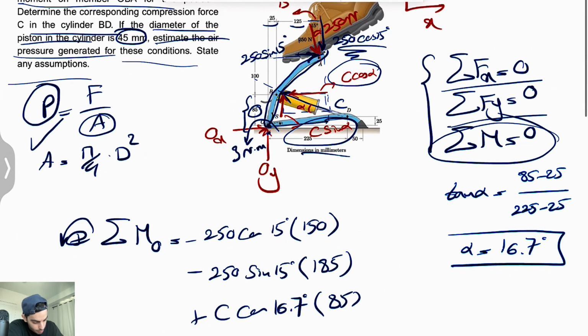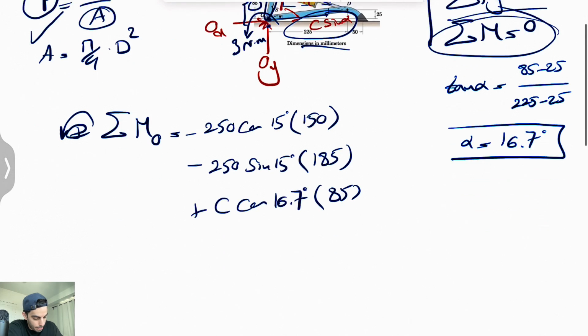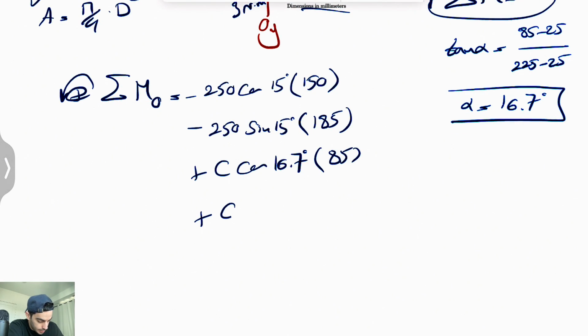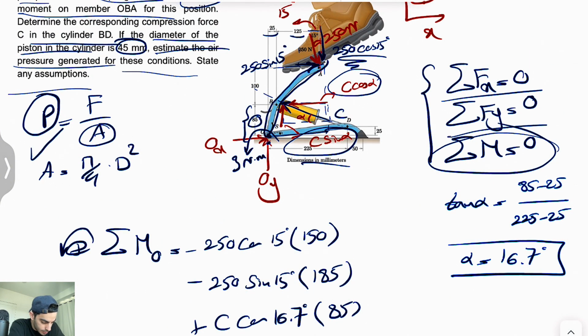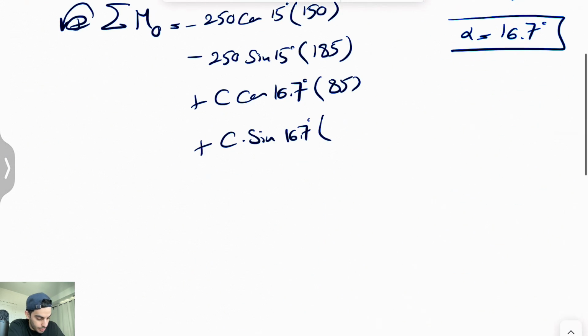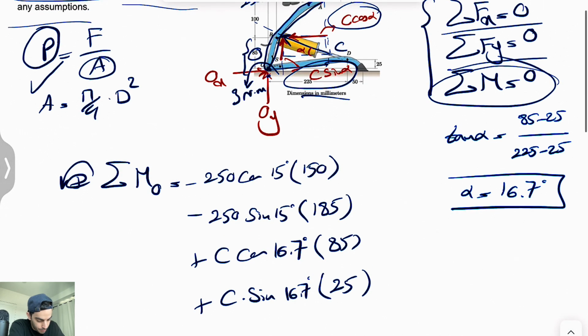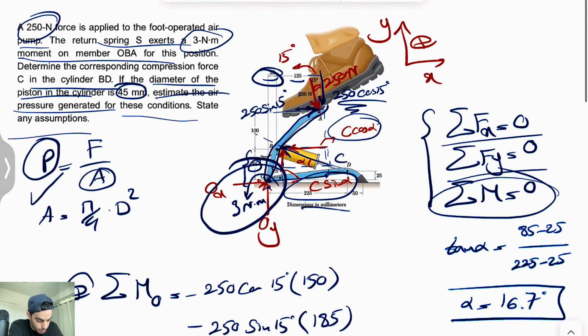And also we have the moment of the vertical component. This one's also counterclockwise. So plus C, this time sine of 16.7 degrees, and the distance would be the distance from B to O, which is this 25 that we have in here. And this will be equal to, I missed one more, this moment that we consider in here, 3 Newton meter.